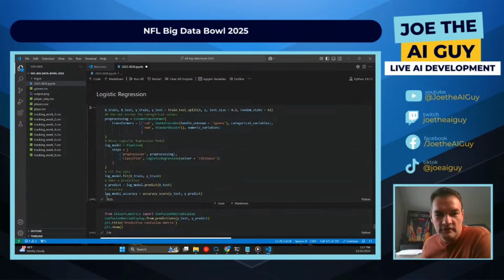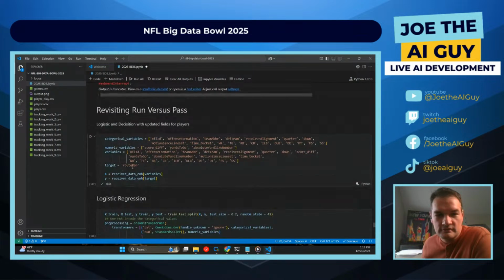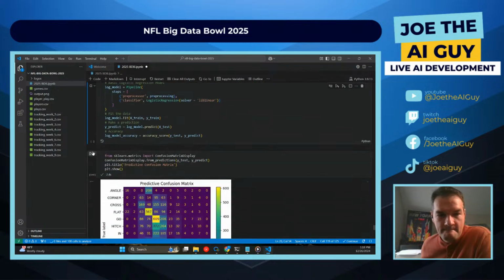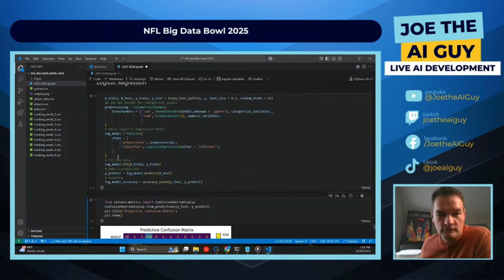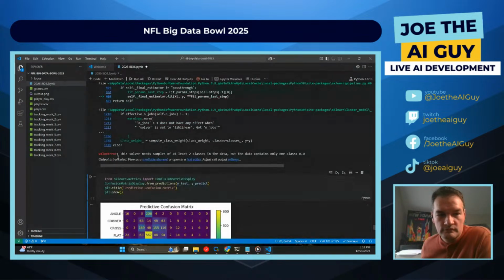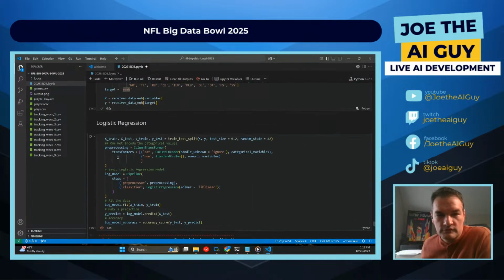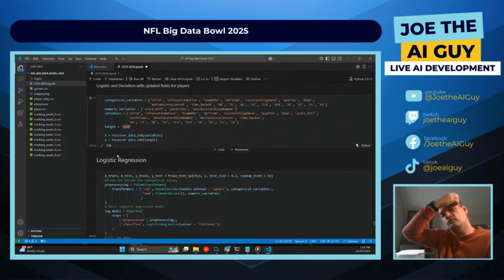Wait a second. I did not go back into pass. No, rush. Right, because the receiver data is only going to have passes.